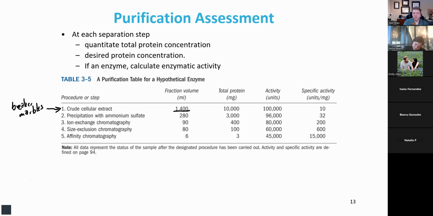Then you've got the total amount of protein in that beaker. So, how many marbles are there? Then, activity, which is those red marbles and essentially what they're capable of doing, like an enzyme that catalyzes a reaction. Last but not least is your specific activity.